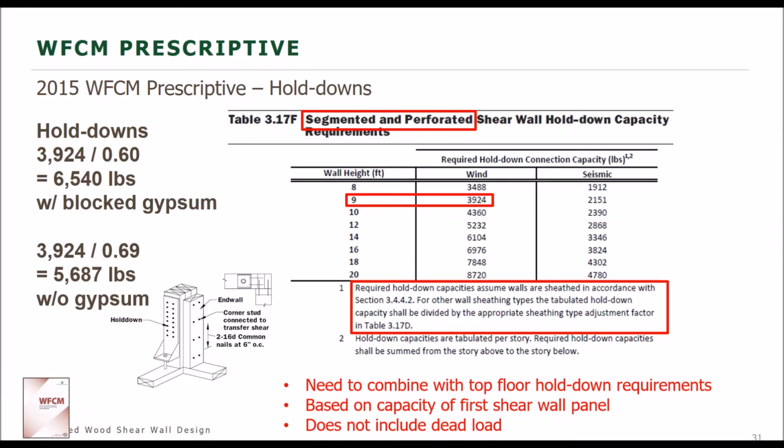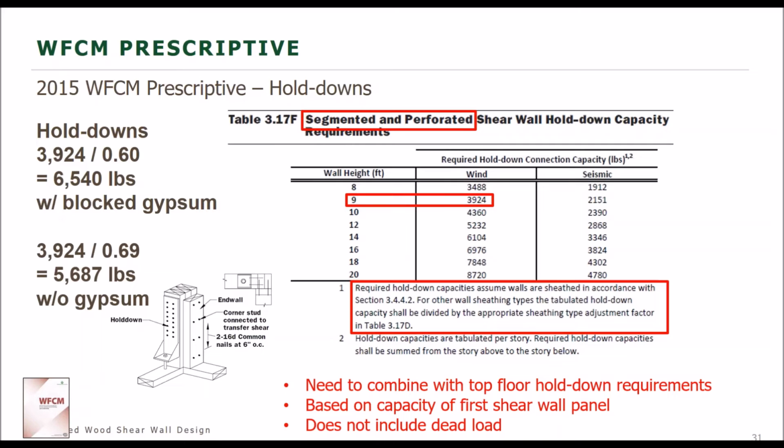However, we see in footnote 1 here, we need to use our sheathing type adjustment factor again from table 317D. So for our wall with the blocked gypsum interior, we divide that 3,924 by 0.6 and see that our required hold down capacity is 6,540 pounds.